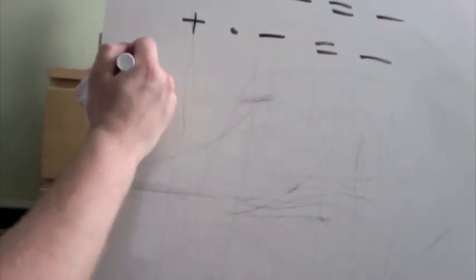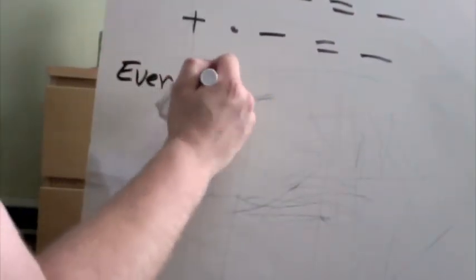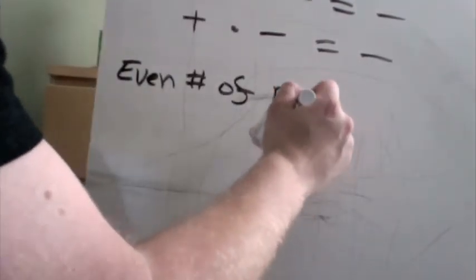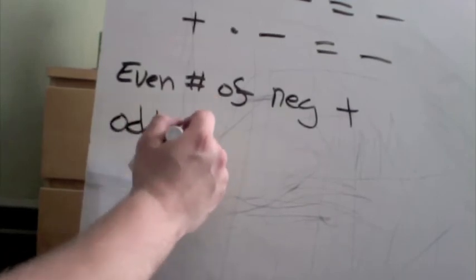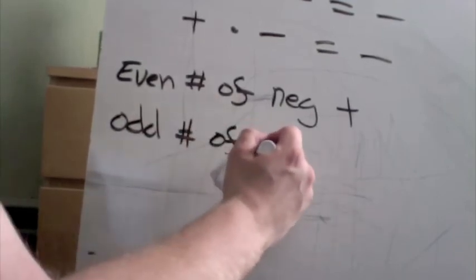When you have an even number of negatives, the end result, if you're multiplying or dividing them, is going to be positive. If you had an odd number of negatives that you were multiplying or dividing, the end result is going to be negative.